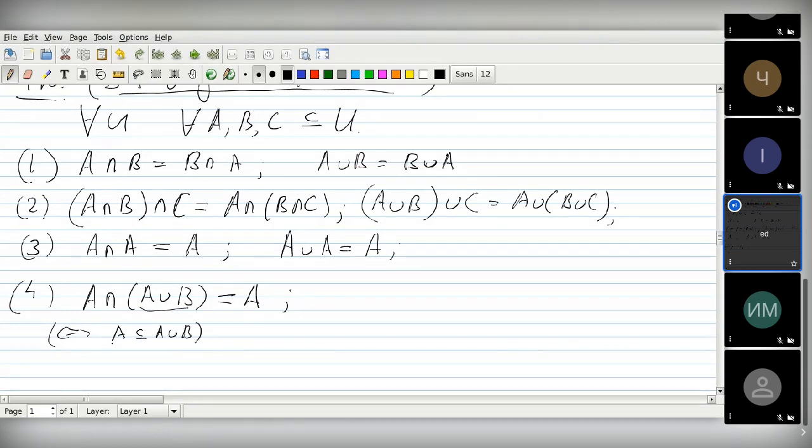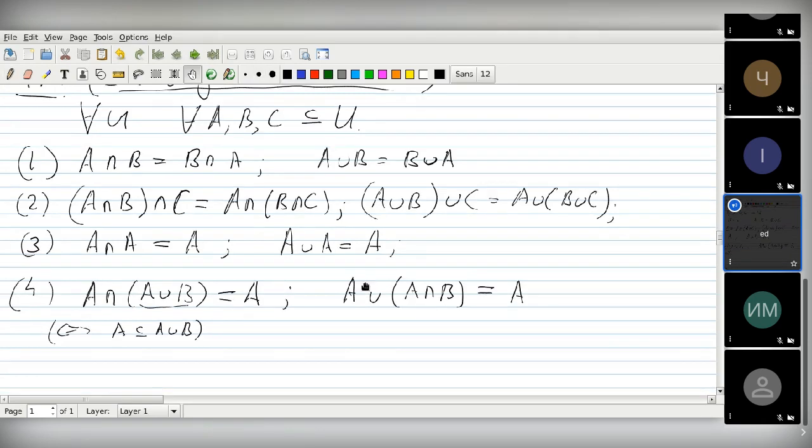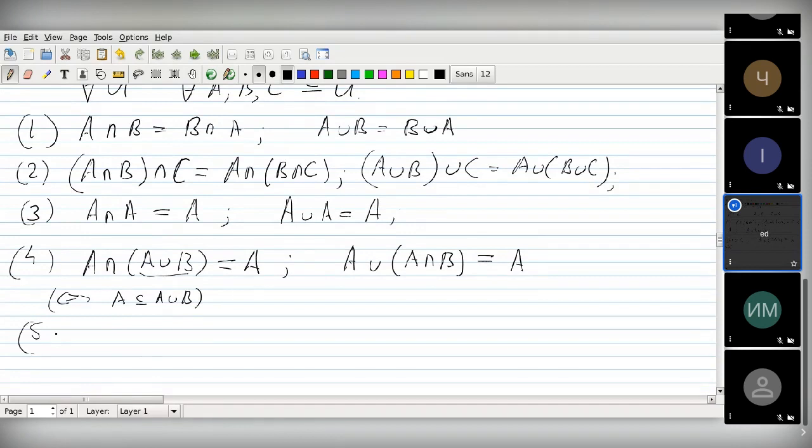You know, if X is a subset of Y, then the intersection equals X. And likewise, we have a dual result. The union of A and this intersection equals what? A. Still A. So B is somehow absorbed. Absorption laws.